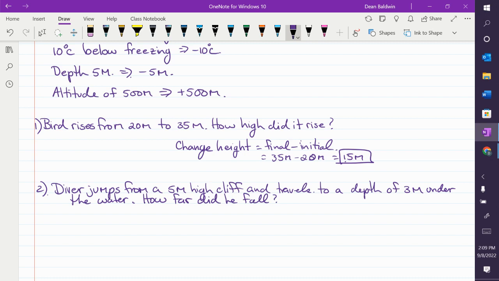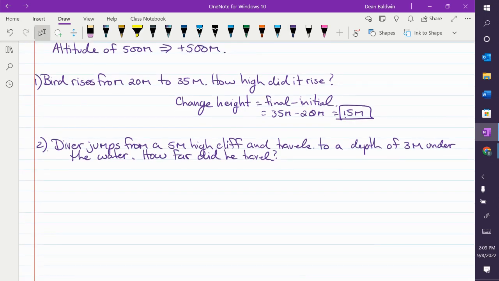How far did he fall? Travel is a better way to say it. How far did he travel? So, if you do final minus initial, his final height is what?